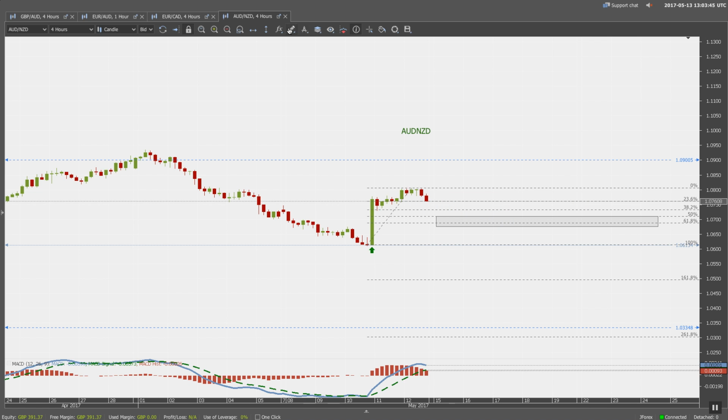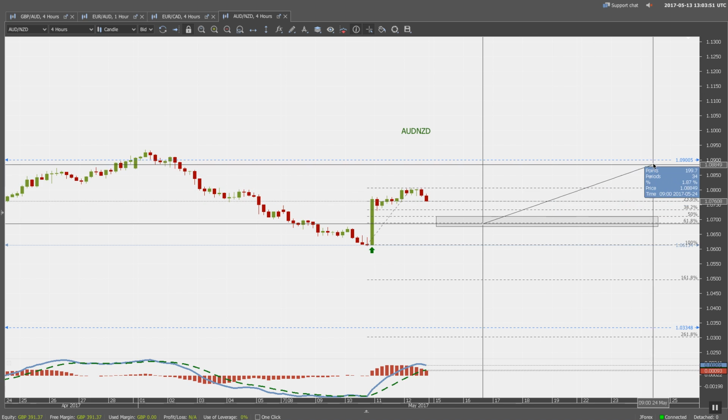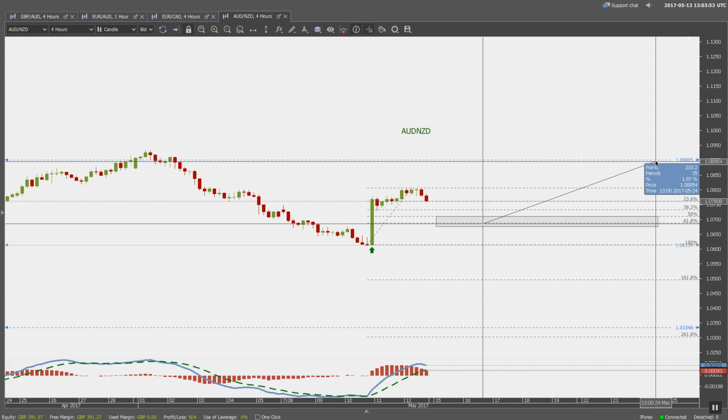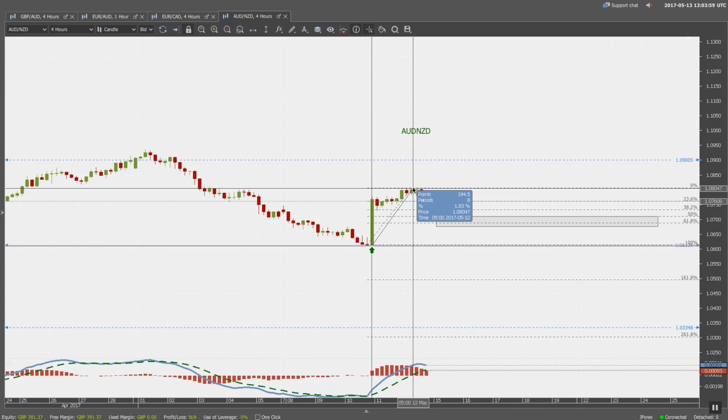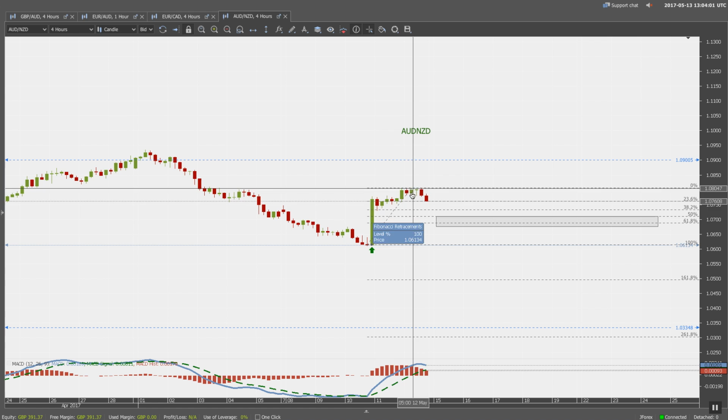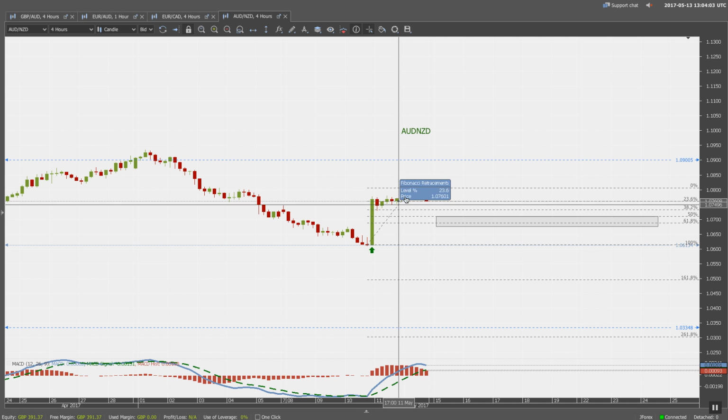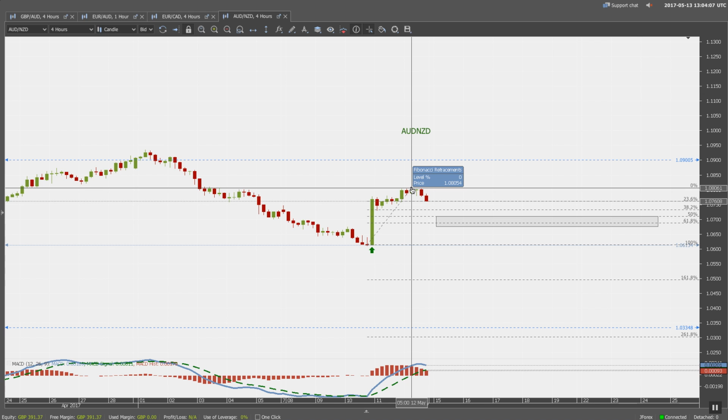And then our target is all the way up here. So if it comes back down to 61% and turns around, all the way up to 101.09, that's 212 pips to the upside. And that's almost the projected range from the rally on Friday. Well, it started on Thursday and continued on Friday.